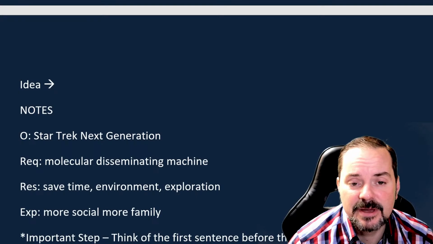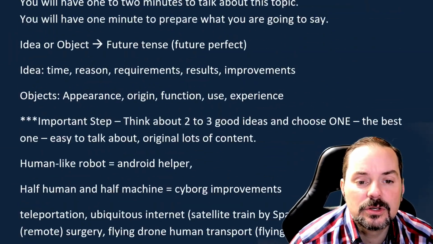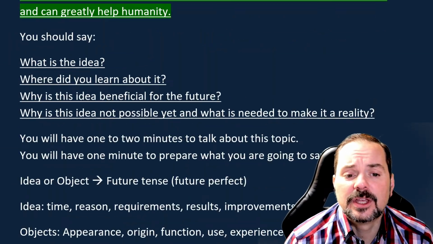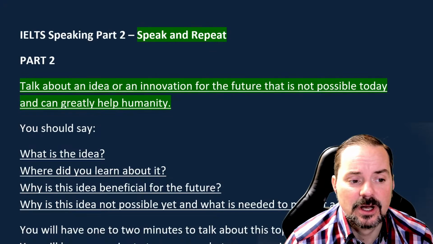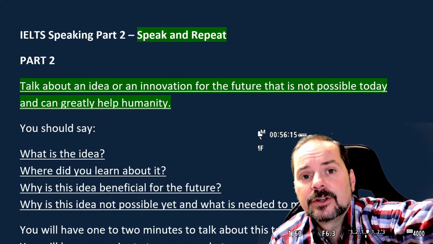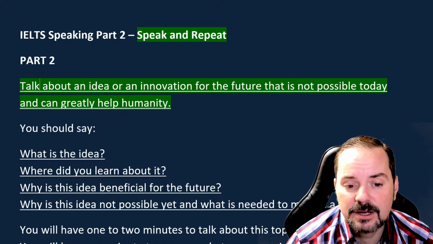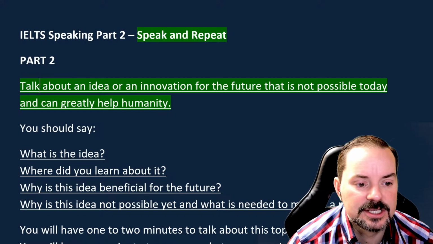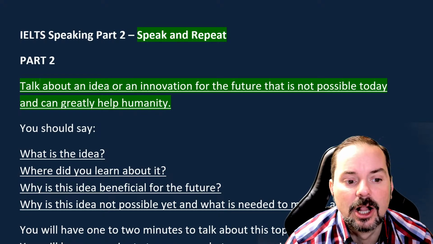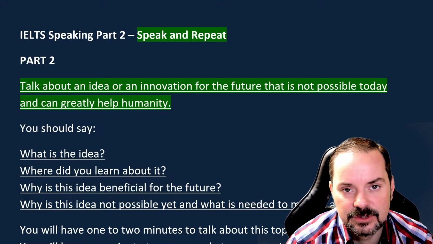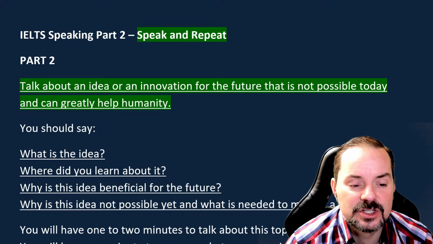For this, as many of you know, I need to use the topic statement of the cue card. So here, the speaking part 2 cue card, again, is talk about an idea or an innovation for the future that is not possible today and can greatly help humanity. Okay, so it's not just anything. It's not just a super fidget.